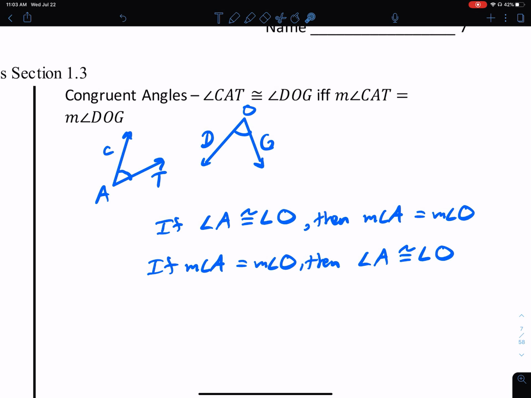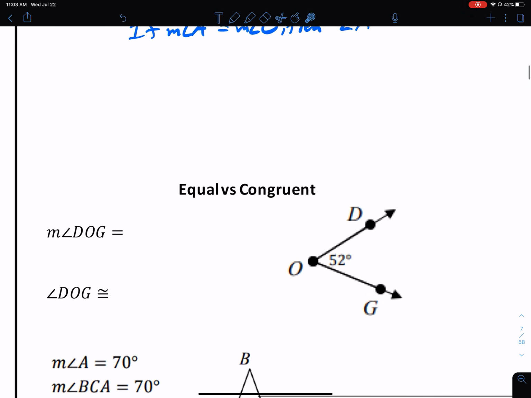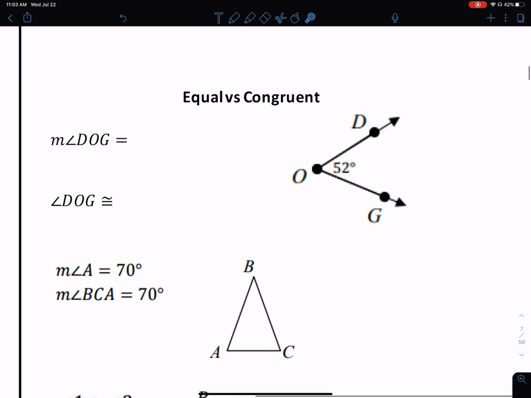I wanted to make this clear again. This is talking about the picture of angles being congruent. This is talking about the measures of the angles being equal. Equal versus congruent. The debate continues. Not really a debate, but a very subtle difference between the two. So in this picture, let me draw another angle here. You do the same, please.